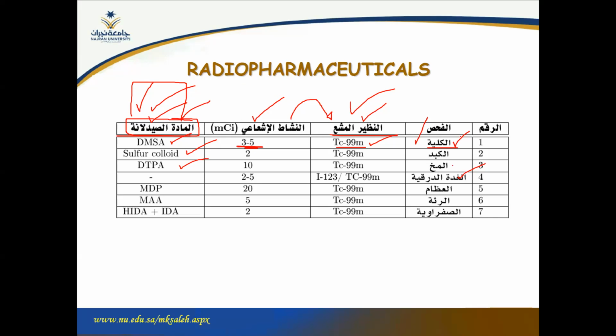But I need only, for example, to examine the kidney. Let's take the example of the kidney. Why do we use DMSA? Yes, Sarah. ممكن نستخدم مادة تتفاعل مثلا مع الكلية بس فتروح الجسم تروح الكلية وتبين الكلية بشكل. Exactly. This is the right answer, Sarah.